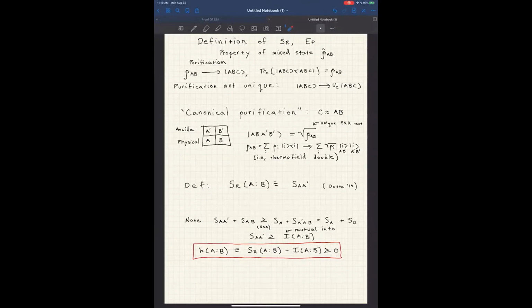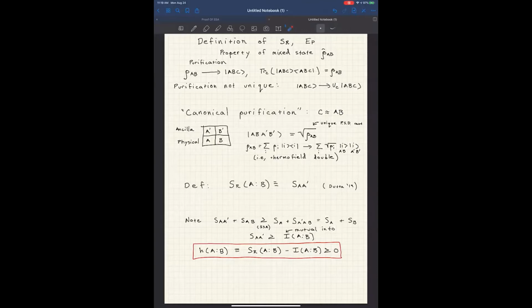Now it's going to be useful for us to note that this reflected entropy satisfies the following bound. From strong subadditivity, I can look at the conditional entropy between A prime and B, conditioned on A. If you write that out, strong subadditivity tells you that you have this particular combination here.